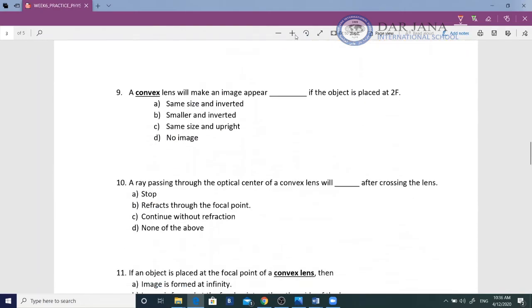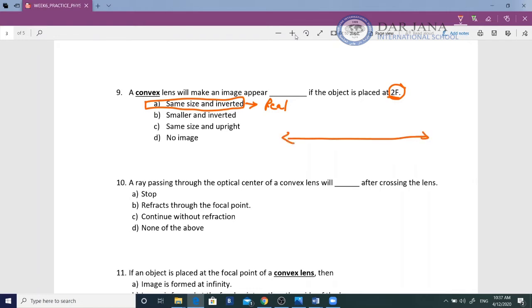A convex lens will make an image appear if the object is placed at 2f. This is a special case. If the object is at 2f, the image will be also at 2f, and it is not enlarged, but it is same size and inverted, and it's also real. Remember this.